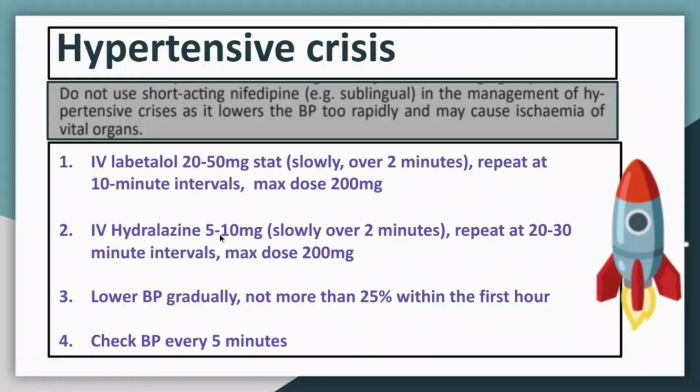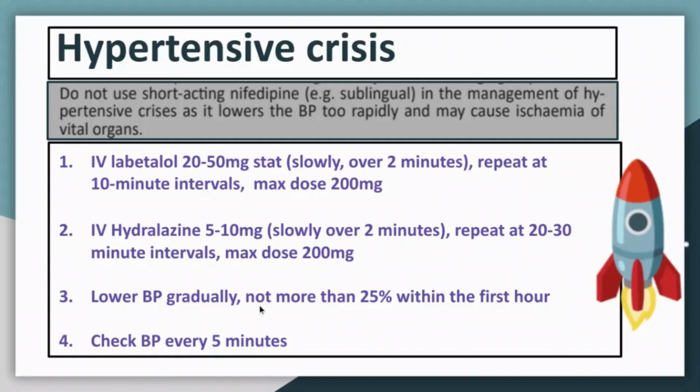It's a lower dose, 5 to 10 milligrams, slowly over 2 minutes, same process. You sit by the patient, push it in slowly, but the interval at which you repeat is 20 to 30 minutes. All right, so you need a longer interval to repeat your hydralazine, and the maximum dose is also 200 milligram. Okay, so please take note.